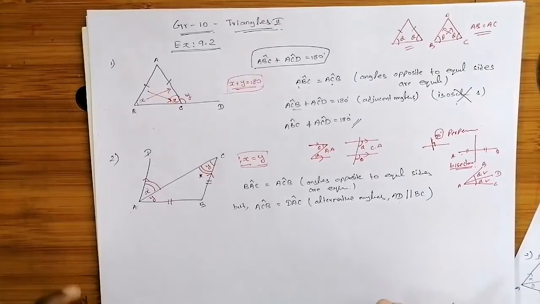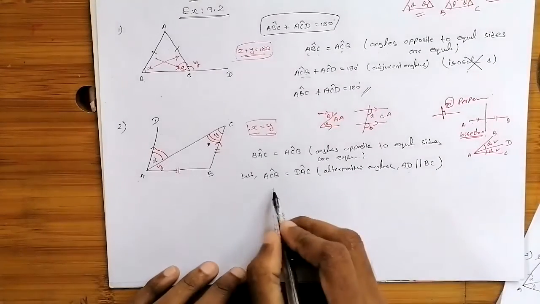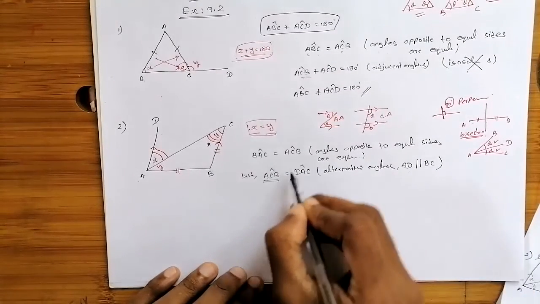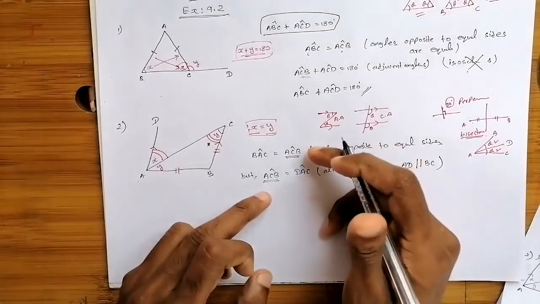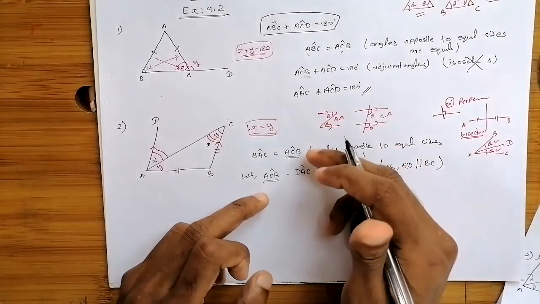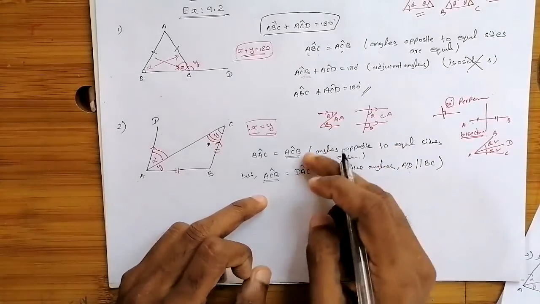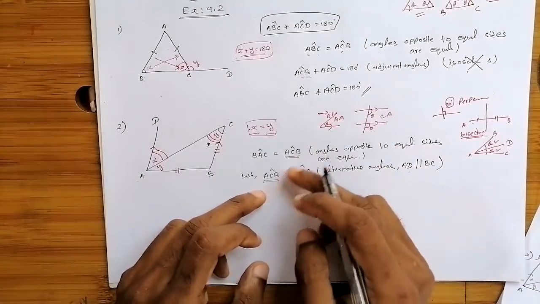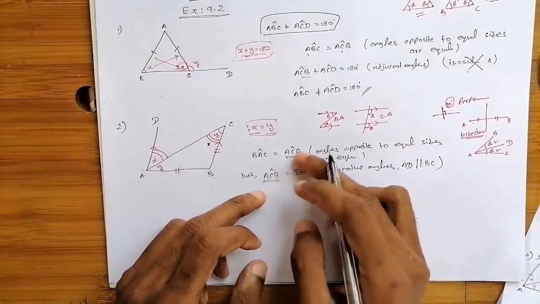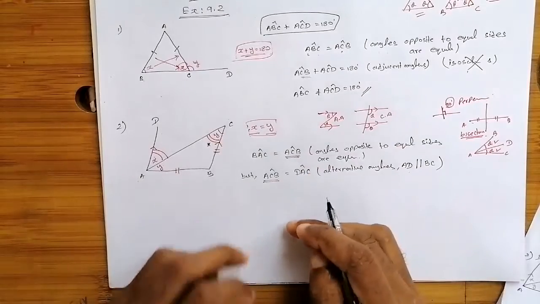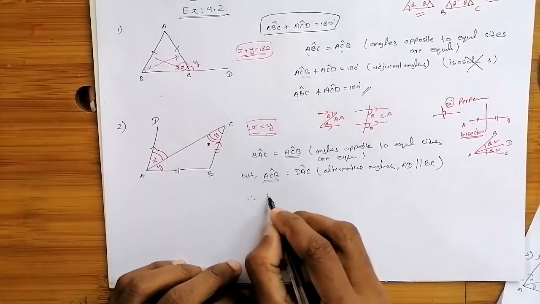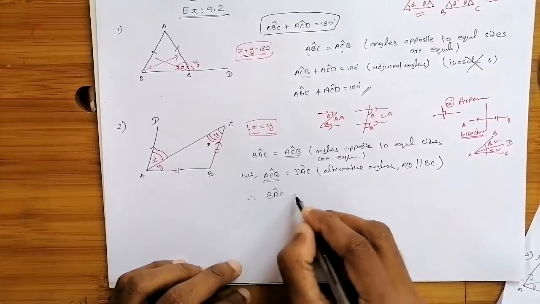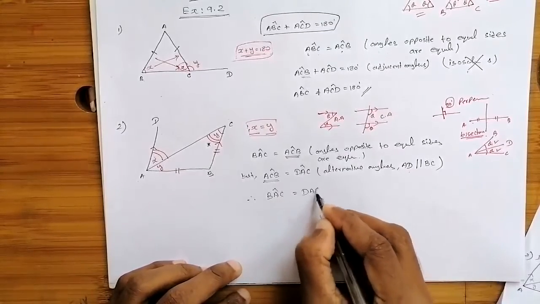Okay. So if you check ACB here and another ACB is there, in the two places we have the same value ACB. So then the next step we can say BAC equals DAC.